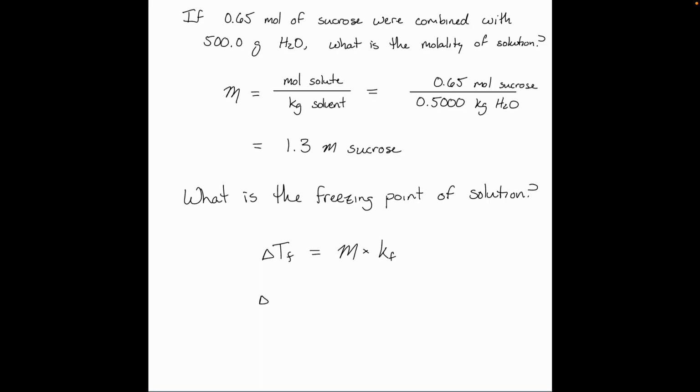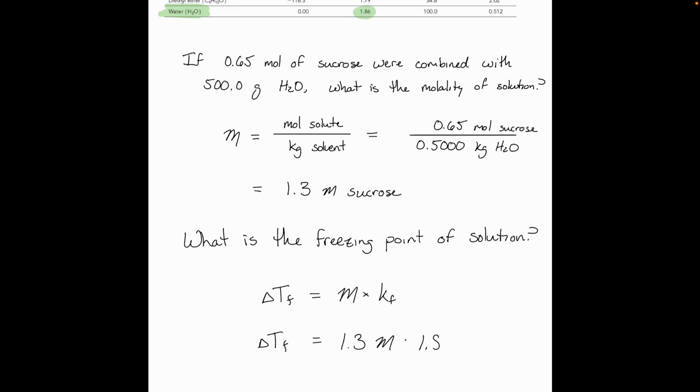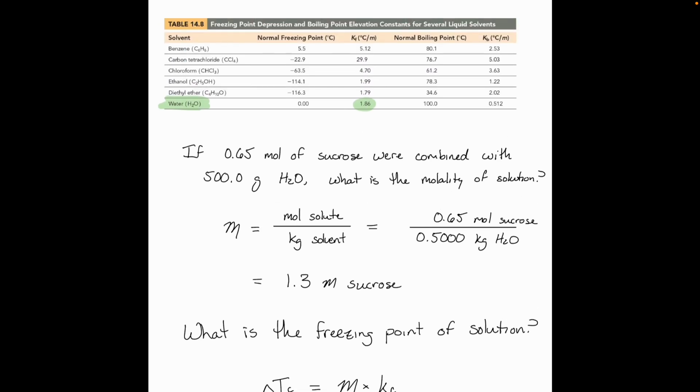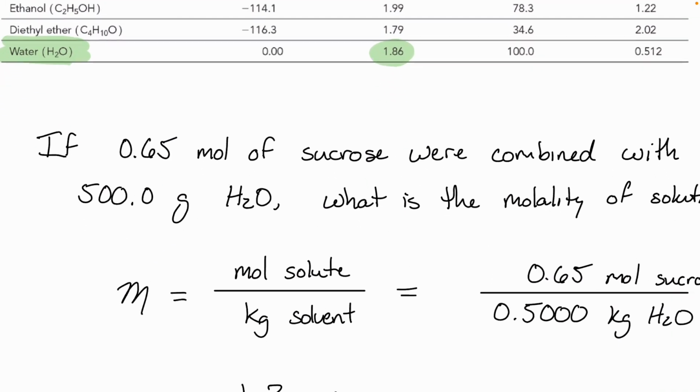All right, so then the change in temperature is going to be that 1.3 molal solution times that Kf of 1.86. We see the units up here, it's degrees Celsius per molal, so that cancels out my little fancy m.